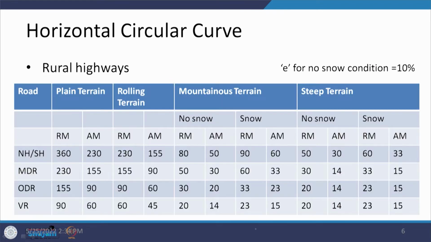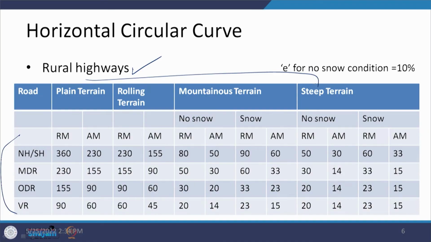Now, this is another table where we are talking about the rural highways and the categorization of the rural highways we have discussed previously in the functional classification, where we said that these can be defined as national highways, state highways, MDR, ODRs and VR. And then again we have the terrain conditions being defined, and within the terrain condition, if you remember regarding the design speed, we had the ruling speed and the absolute minimum speed which can be considered, and considering those we have two values here, Rm and Am.